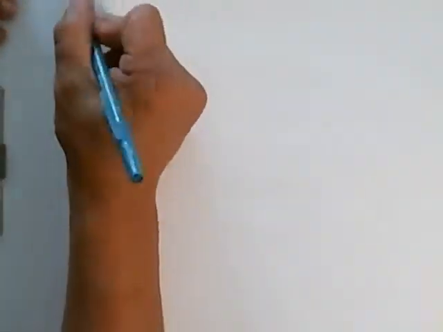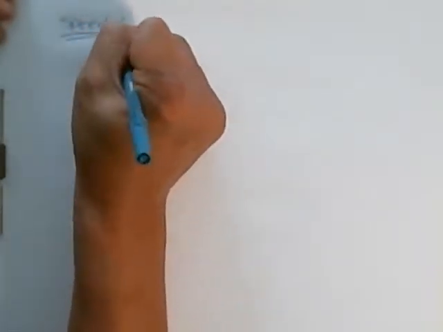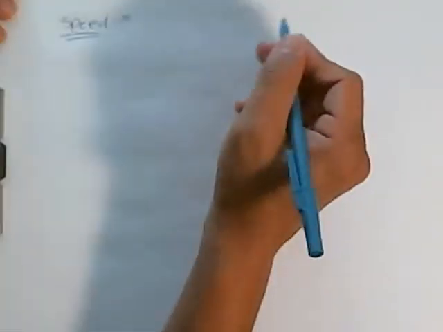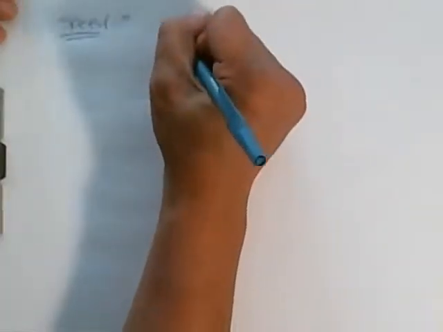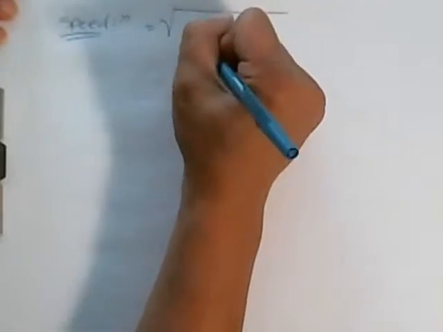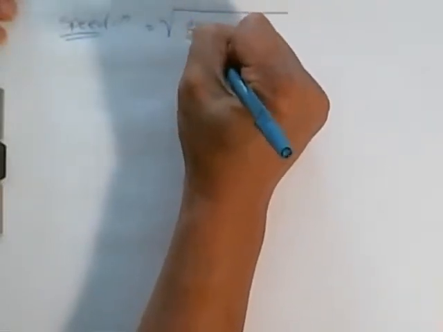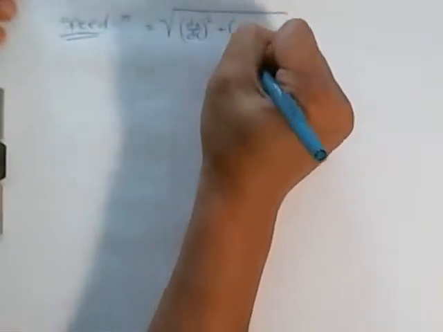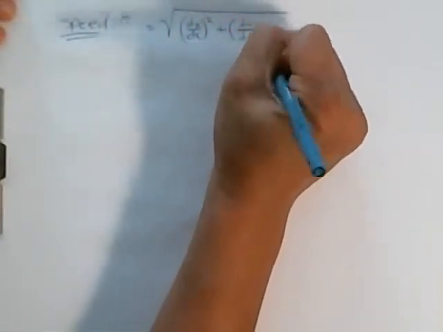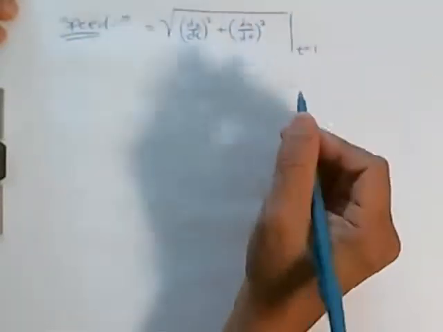Let's do part C. Oh, before we do that, I'm sorry, we need to find the speed as well. The speed function, according to the formula for parametric equations, is the square root of dx/dt quantity squared plus dy/dt quantity squared, evaluated at t equals 1.